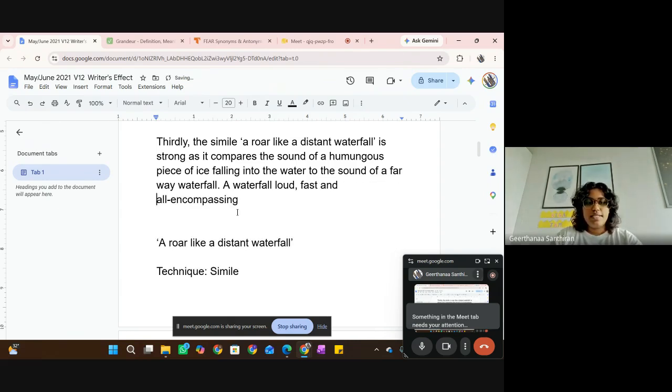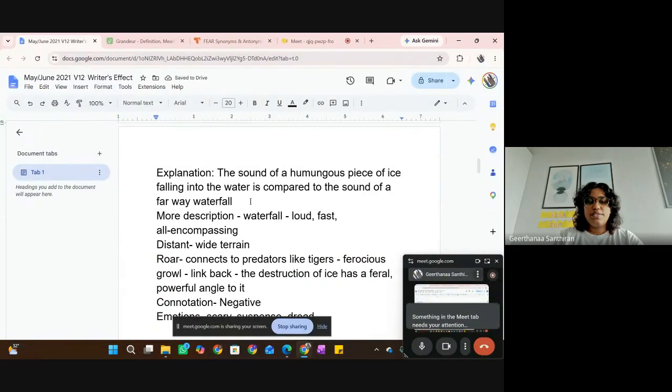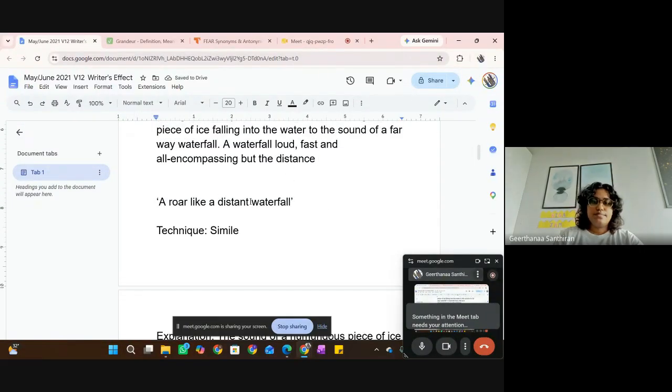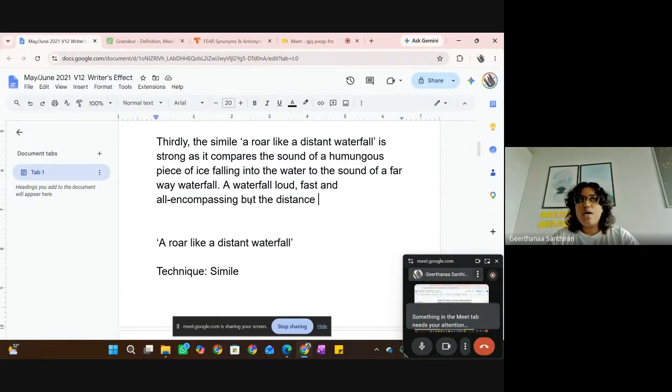Loud, fast, and all-encompassing, but the distance highlights the wide, far-reaching terrain. Highlights, like, so it's muted, right?